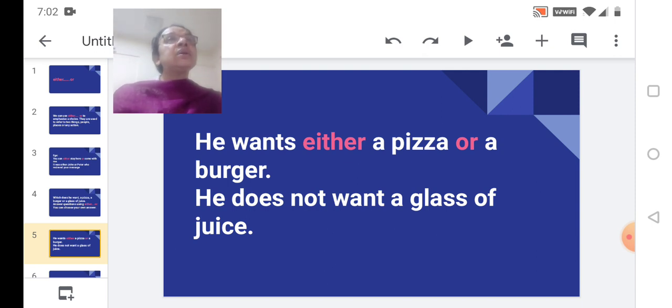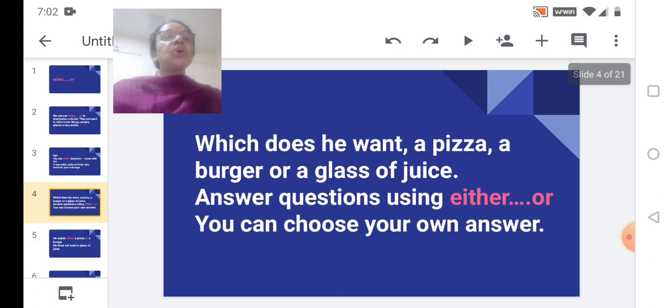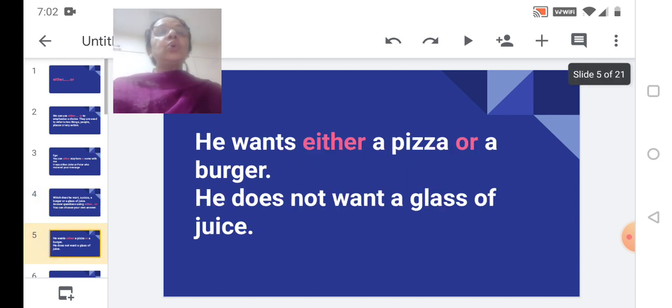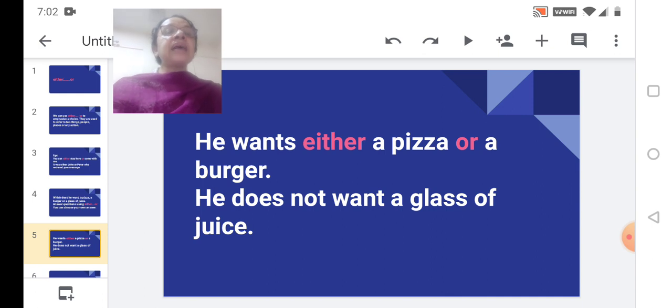You can use that way also. The option is there for you, because in the question it's mentioned you can choose your own answers.